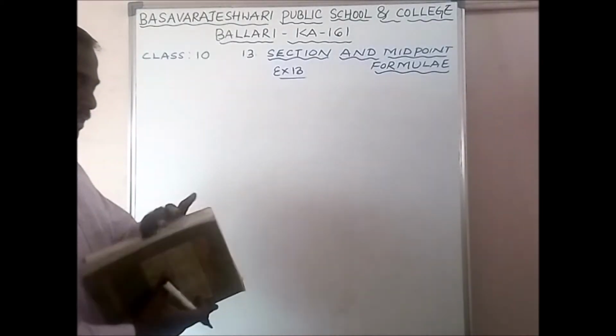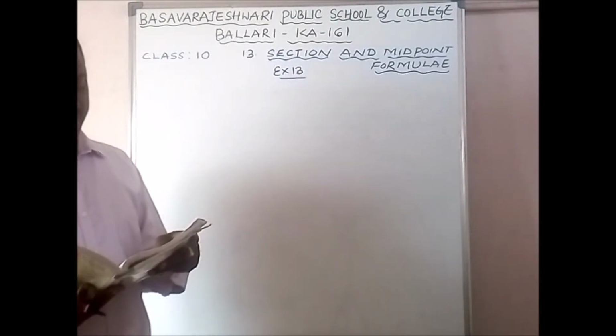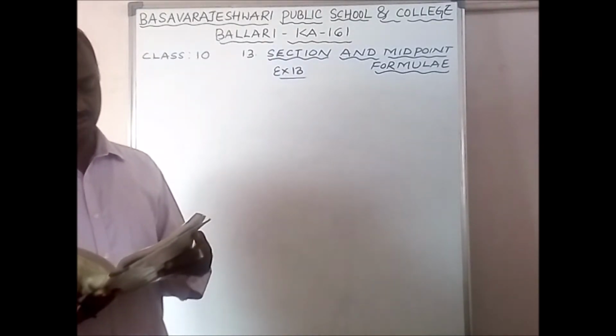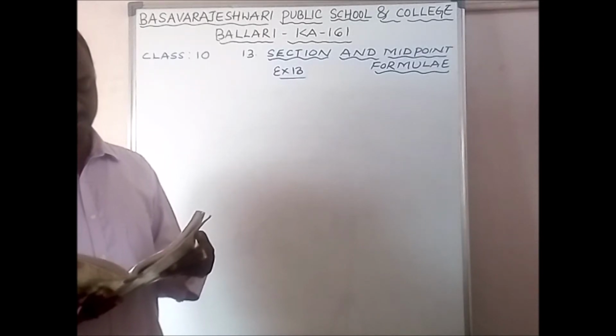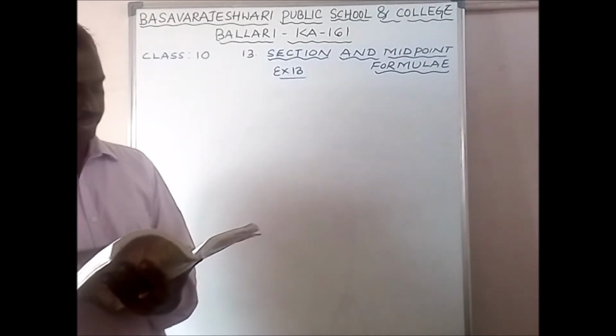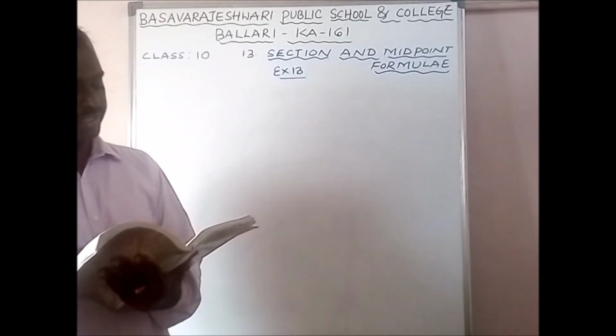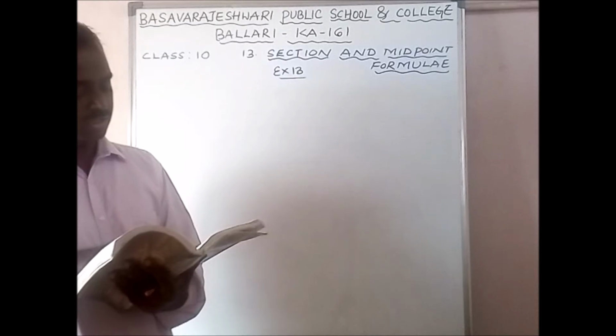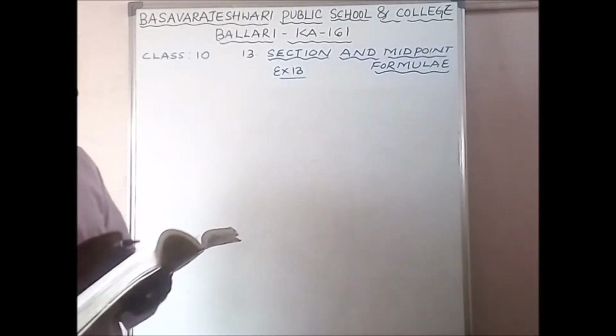So what does question number 13 say? The line segment A(2, 3) and B(6, -5) is intercepted by the x-axis at point K. Find the ratio in which K divides AB. Also find the coordinates of the point K.